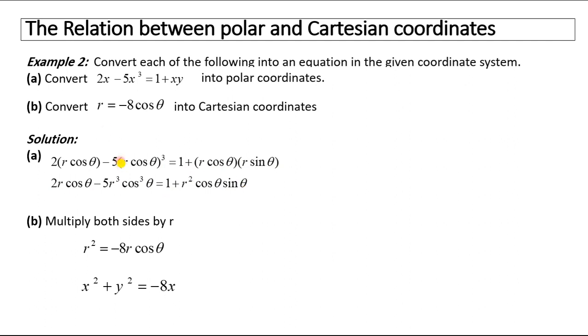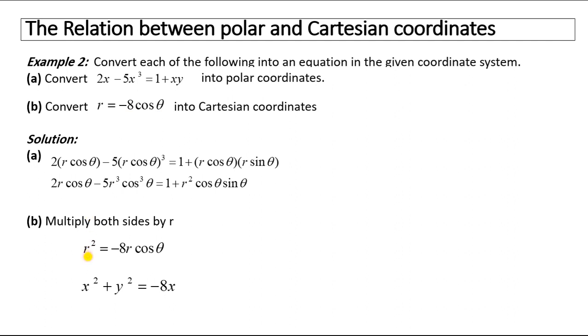B: Convert r equal minus 8 cosine theta into Cartesian coordinates. In r theta, I want to convert this into Cartesian coordinates x or y. Multiply both sides by r.